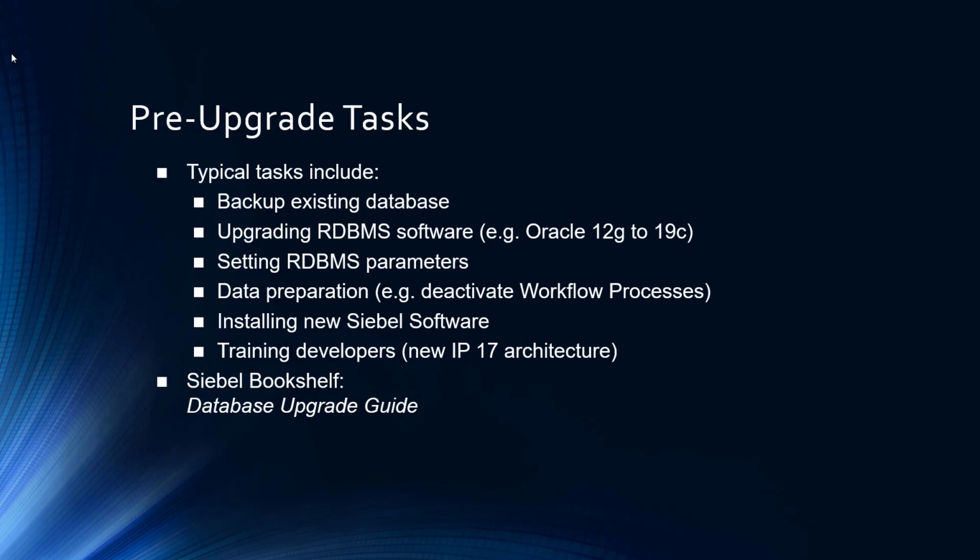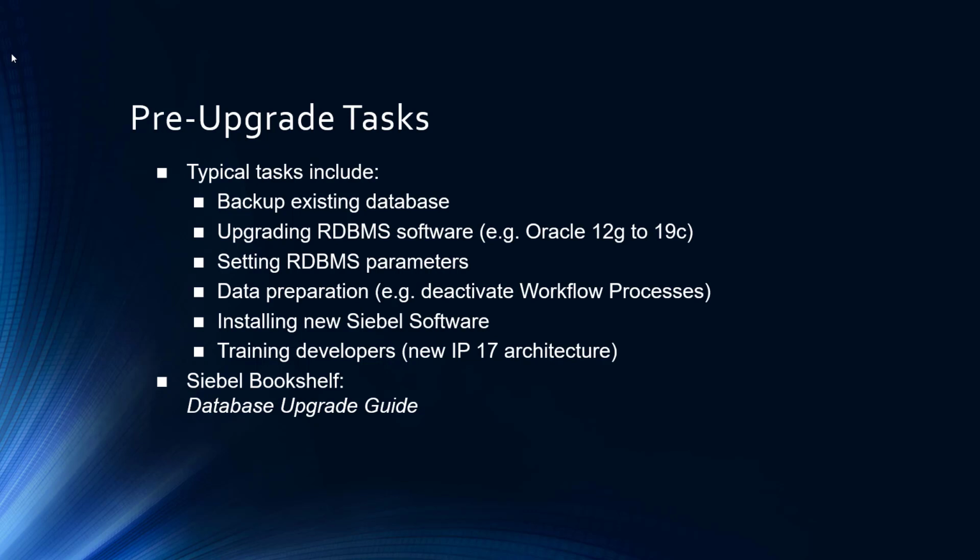An example list of typical tasks for preparing the actual database for the upgrade is, of course, taking a backup of the existing database or copying it over to a new instance. And also you might consider upgrading your RDBMS software. So if it's Oracle especially, then consider that your Oracle 11 or 12G database is going out of support in end of 2020 for 12G as announced by Oracle.